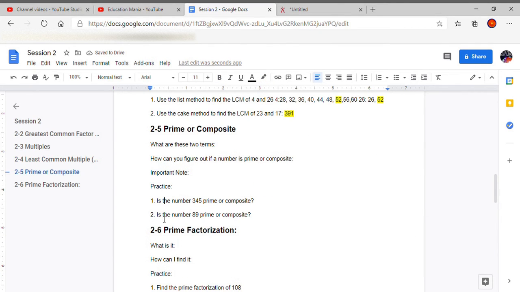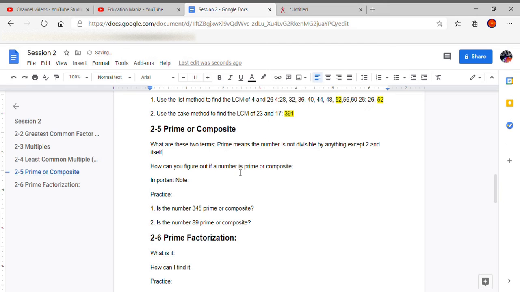Now on to 2-5. Prime or composite. So what are these two terms? Prime means the number is not divisible by anything except 1 and itself. Oh, sorry, I typed 2, 1 and itself. So we learned what divisible meant last time.